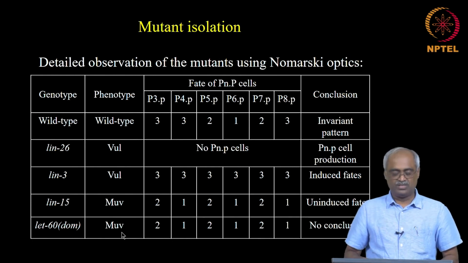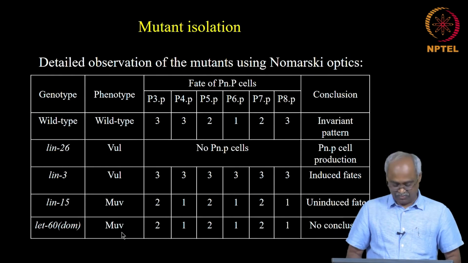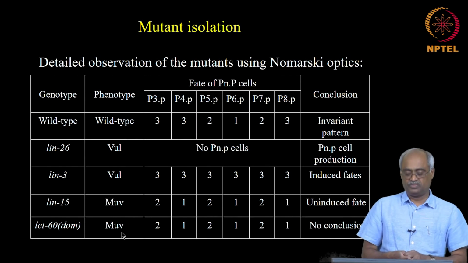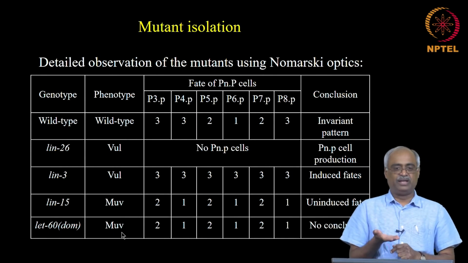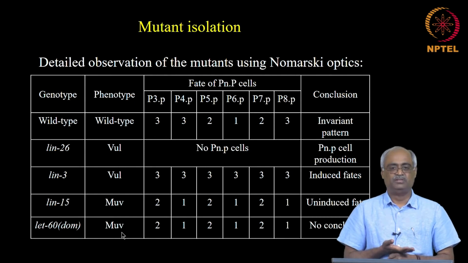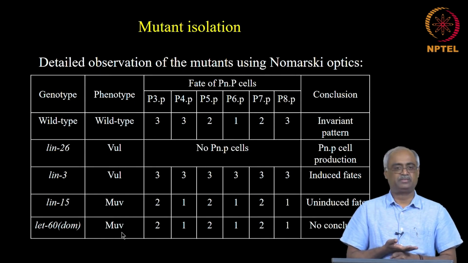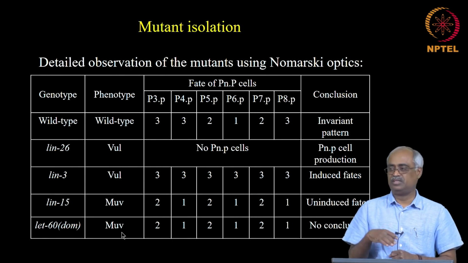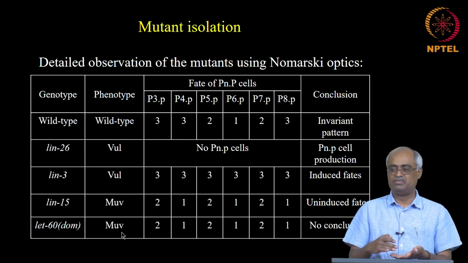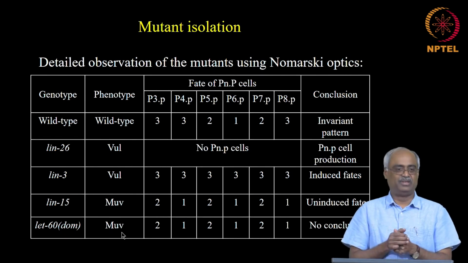Nomarski optics, are you familiar with it? Anyway, I will briefly tell you what it is. When you have a thin transparent specimen, all of you must have done some practicals in botany in school where you took a cross section of a stem or a root, put it on a microscope and stained it with something and saw it.